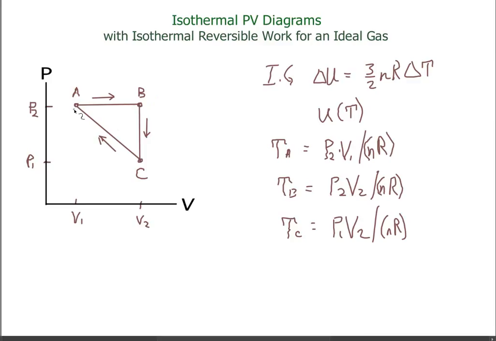But what we could look at is the process from C to A. Now from C to A, I'm looking at A just at the moment, but P2V1 could potentially be the same as P1V2. These actually could be at the same temperature. This could be delta T equals 0.